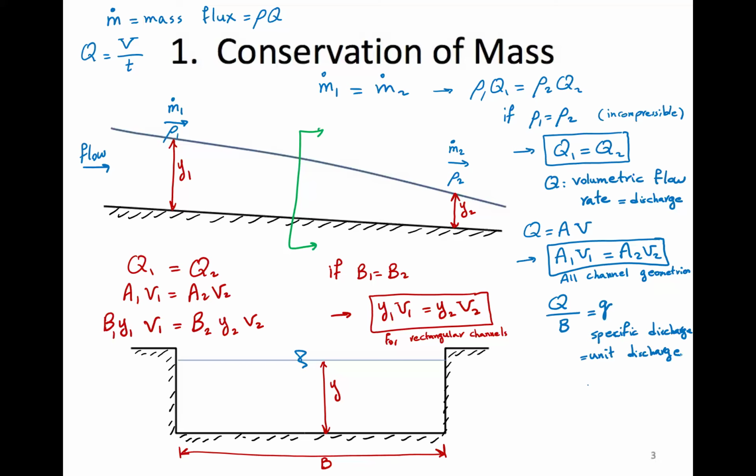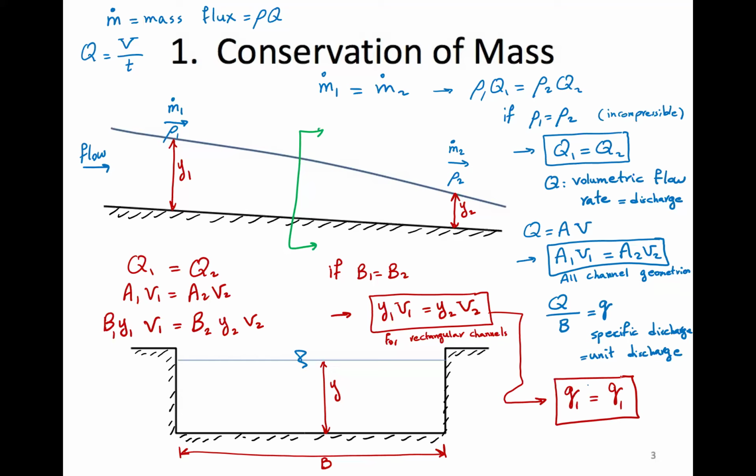If we do that and go back to the equation we just saw for rectangular channels, this means, I'm going to draw an arrow here, that conservation of mass says your specific discharge, small q, has to be the same. Why? Because the width is the same. So if capital Q is the same, then small q has to be the same.